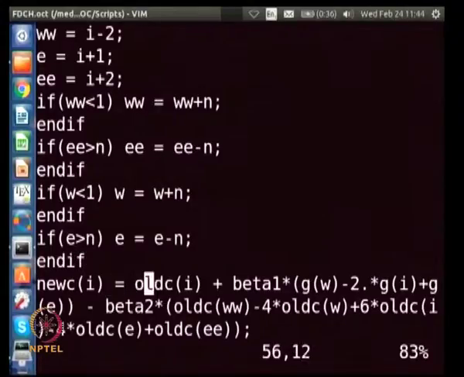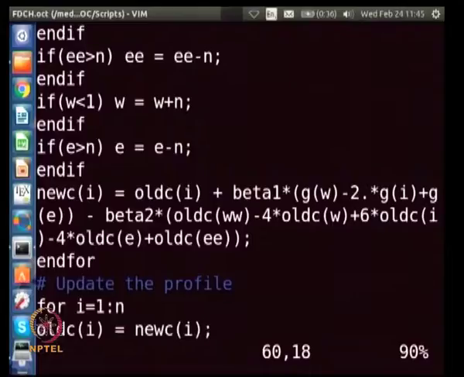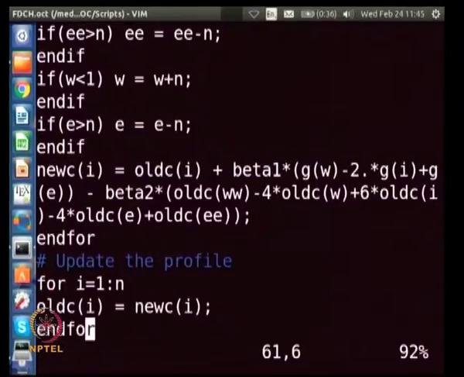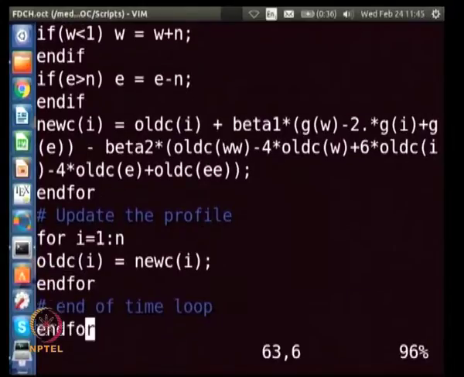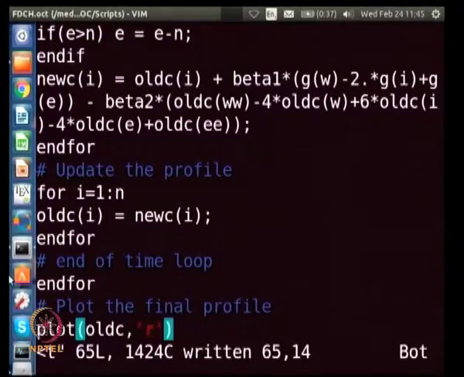So, new C i is old C i plus beta 1 into g W minus 2 g i plus g E, minus beta 2 times old C WW minus 4 old C W, and so on and so forth. Now the profile has to be updated. This is the new C we got. So, this becomes old C in the next step, and then we keep going for it. So, this is the code.